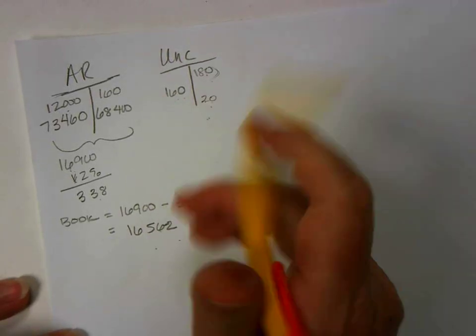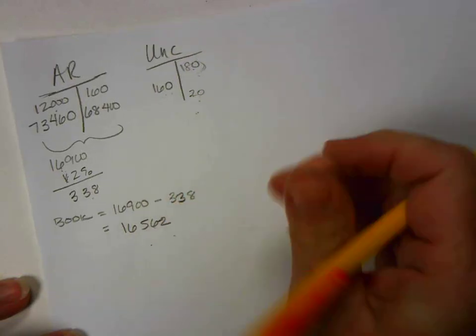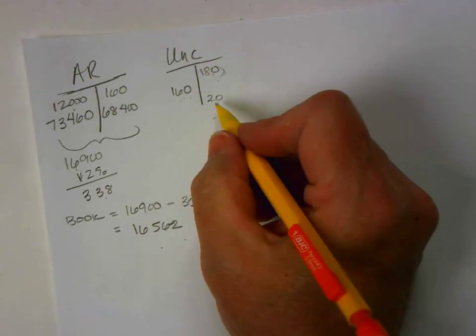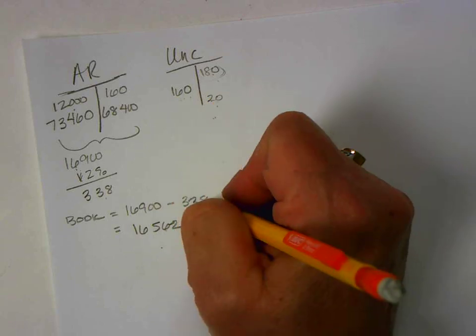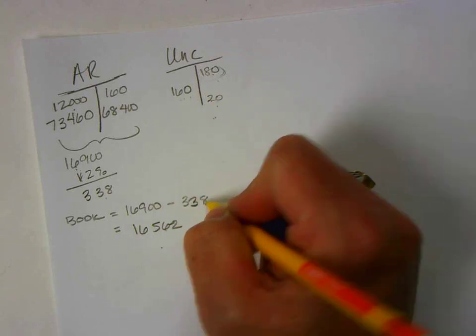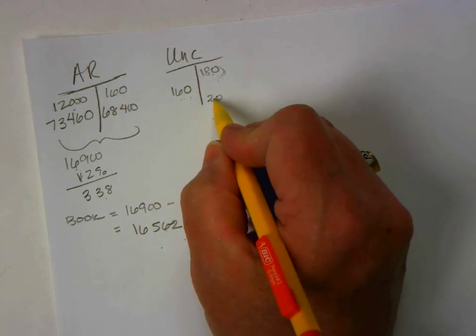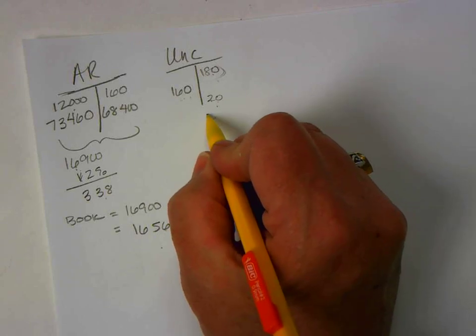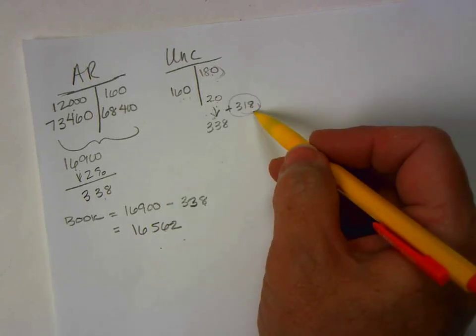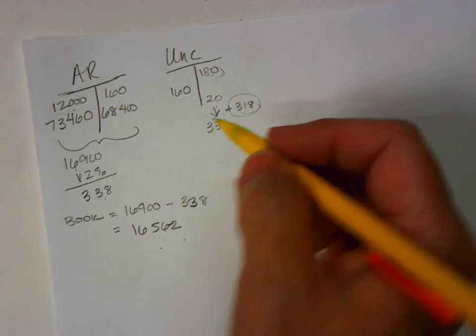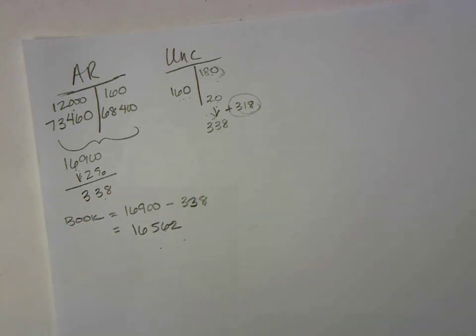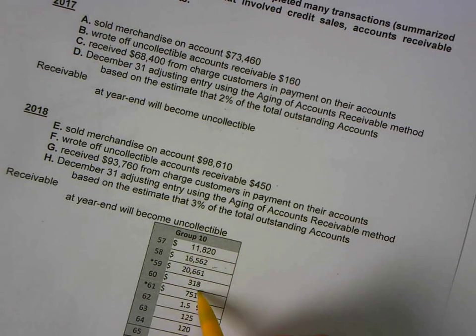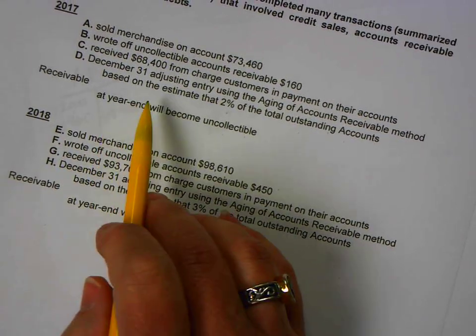Oh my goodness. There's my problem. Okay, I was getting myself confused again. Okay, so we want to get it to 338. And so to do that, I only need to add 318 to my uncollectibles, and that's going to be my bad debt expense. Okay, so 318 is my answer.